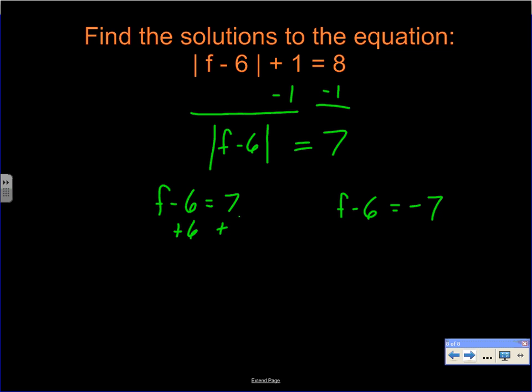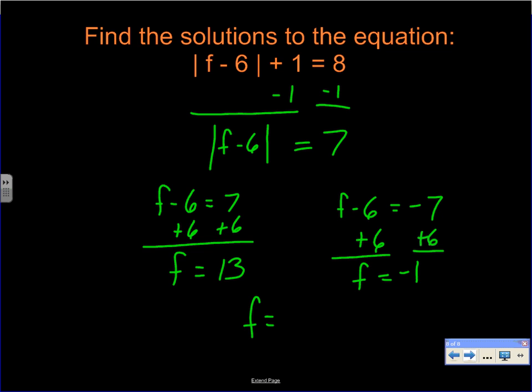So we're going to add 6 to both sides of the equation. 7 plus 6 will give you 13. We're going to add 6 to both sides of the equation. Negative 7 plus 6 will give you a negative 1. So the answer, f is equal to 13 and -1.